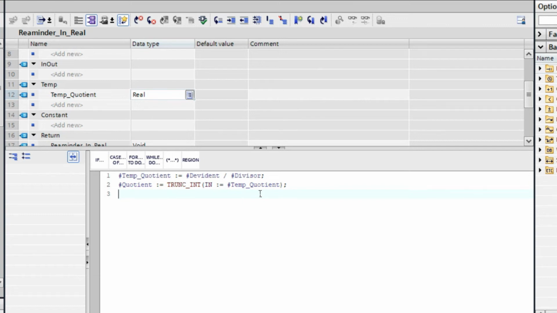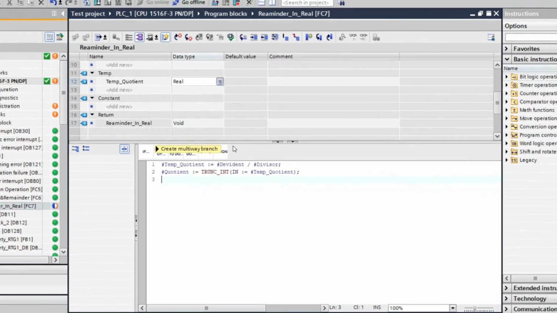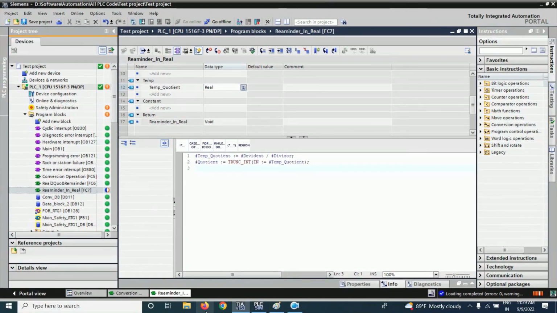Now I will give an equation that will give us a remainder in real. How?